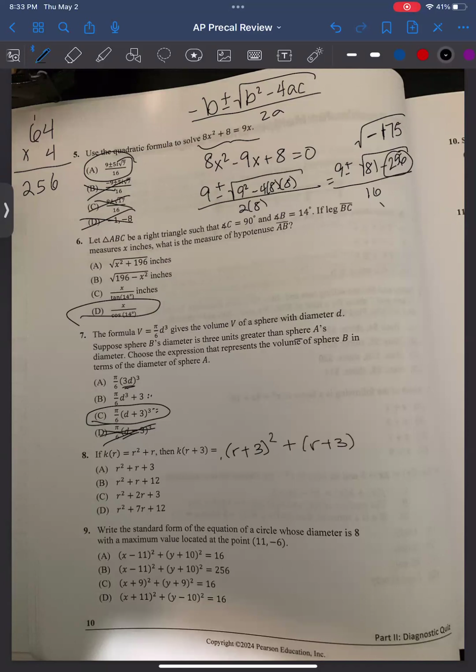So now here, that's a FOIL. And then r plus 3. Now I'm going to combine my like terms. So no other r squared. Then I have 6r and r.